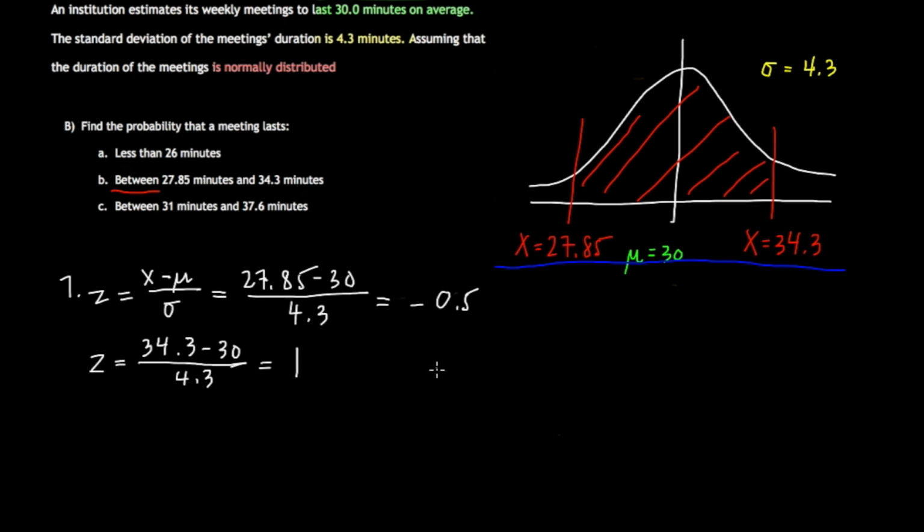Okay, so let's go ahead and plot our visual cues. All right, so on the left-hand side, we're going to have a z-score of negative 0.5 right here. And on the right-hand side, we're going to have a z-score of 1 right here.